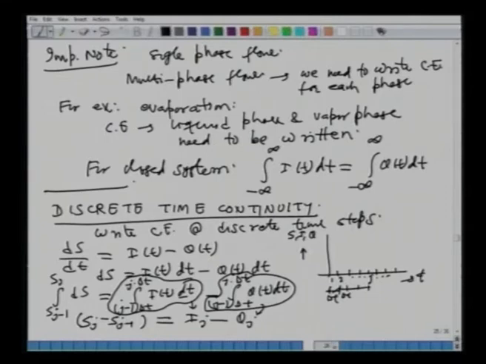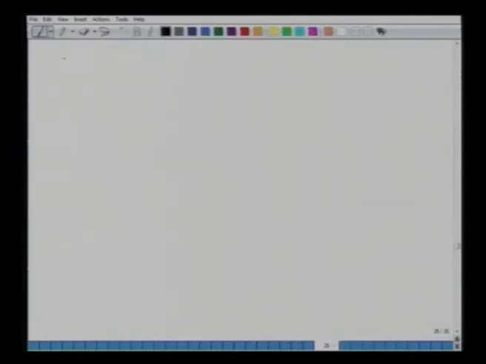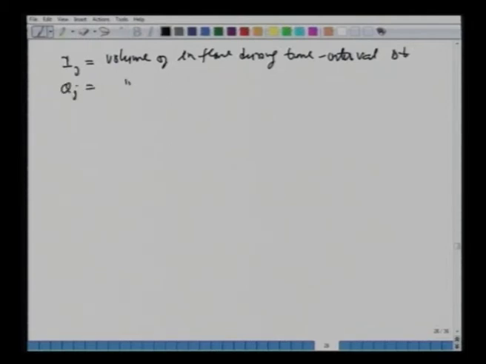How I define them is, Ij is the volume of inflow during time interval delta t, and similarly Qj is the volume of outflow during time interval delta t.